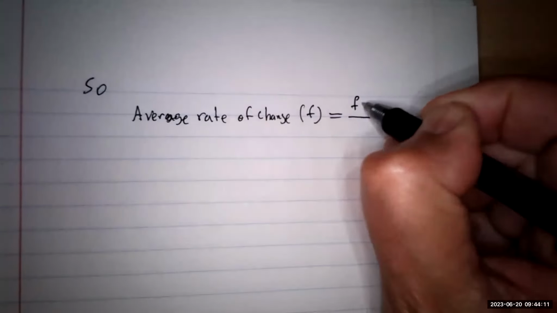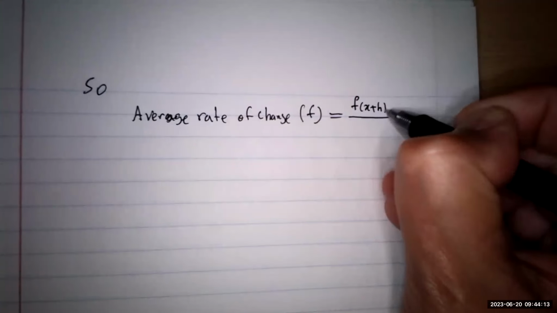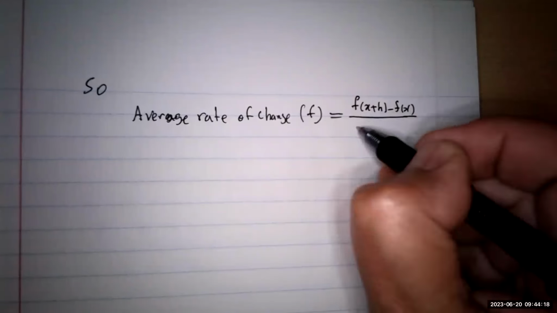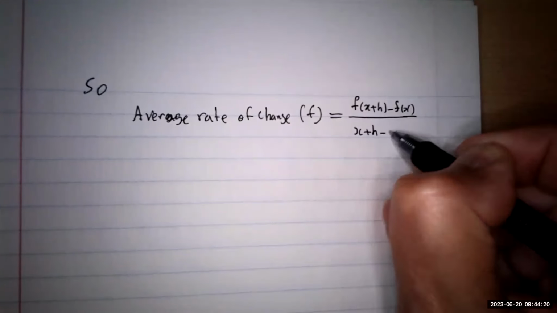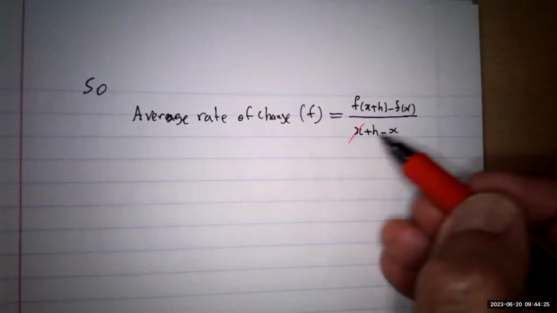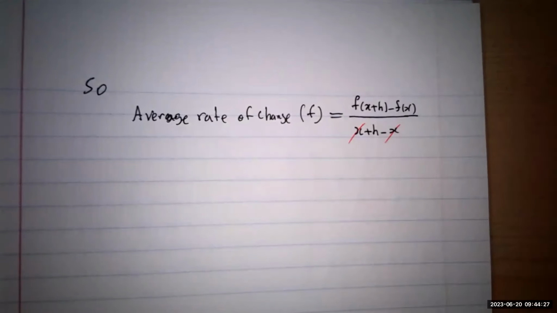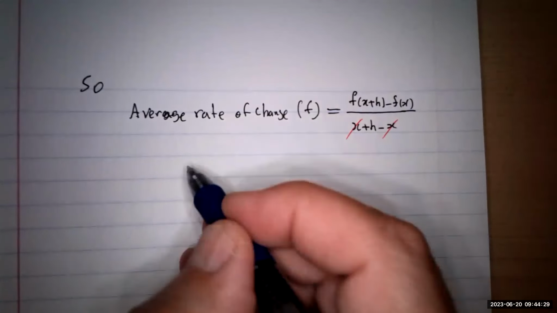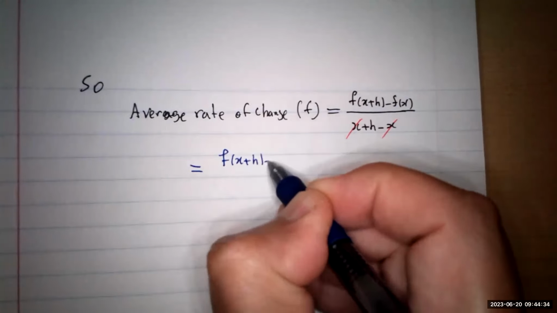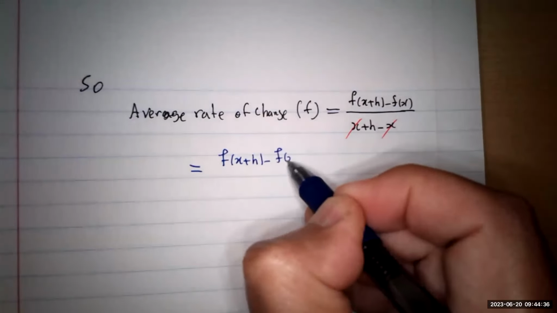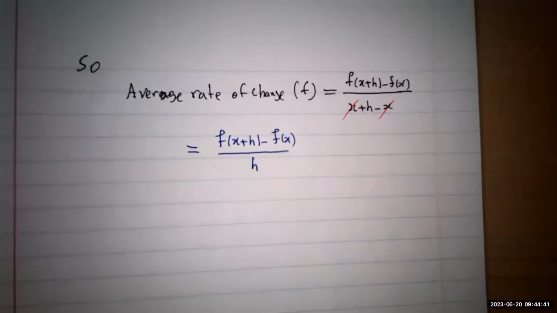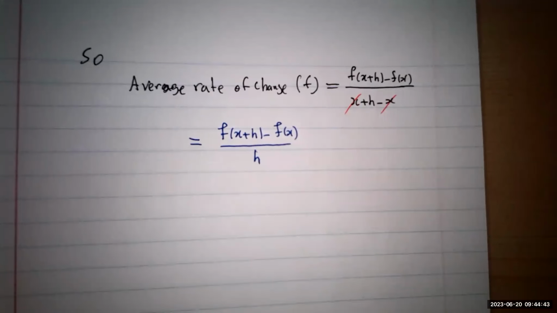Now I'm going to have f of X plus H minus f of X, divided by X plus H minus X. Now X and X would cancel out. I will get f of X plus H minus f of X, divided by H. So that would be my average rate of change.